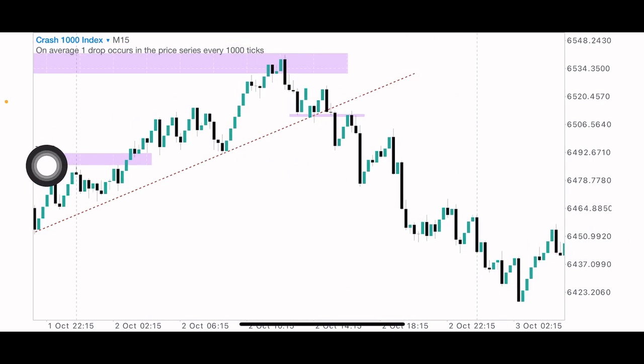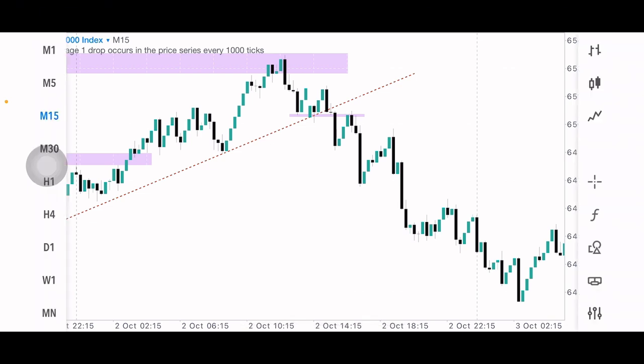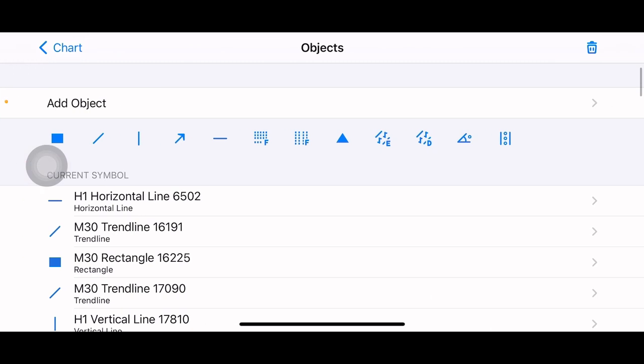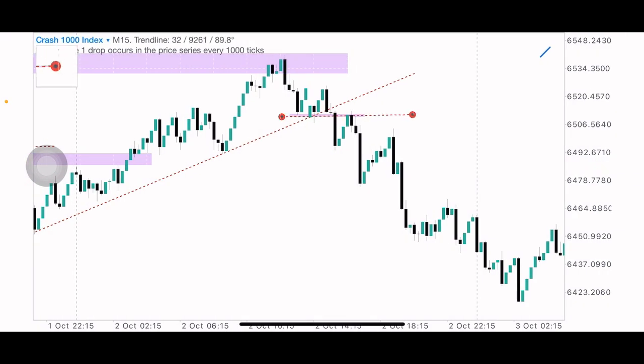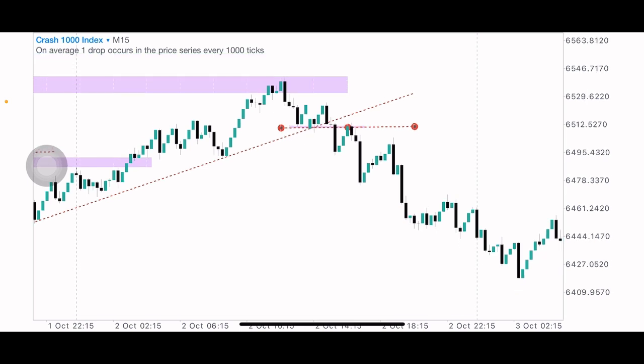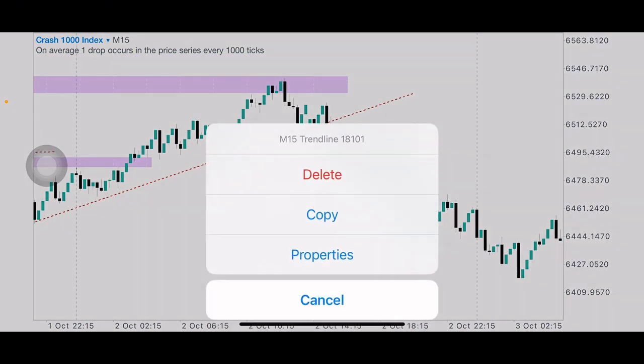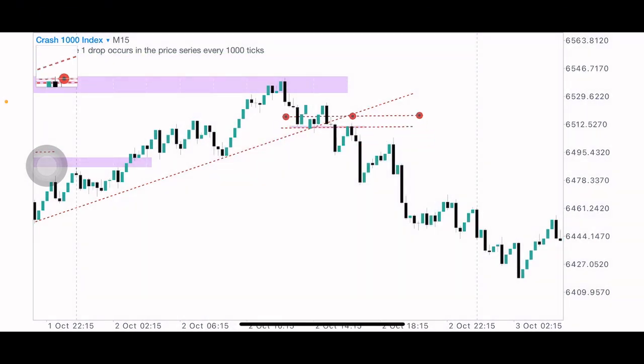As soon as price retraces back to it, that is where you want to take your trade. That is where you want to take your position, and then your stop loss is going to be above the previous high.